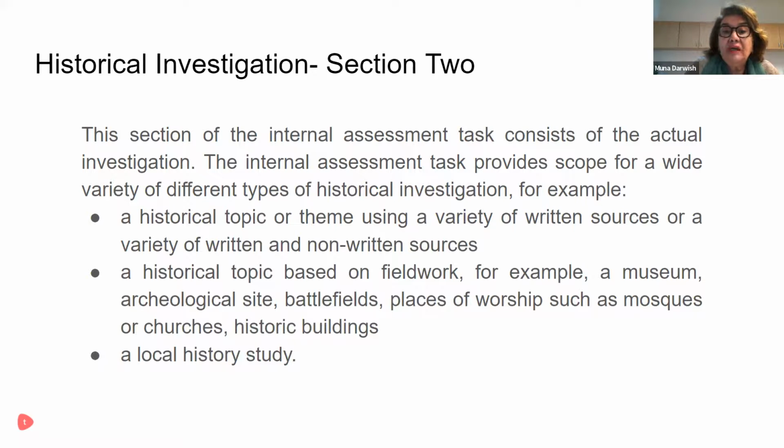We can do a historical investigation on fieldwork: a museum, archaeological site, battlefields, places of worship such as mosques or churches, historical buildings.